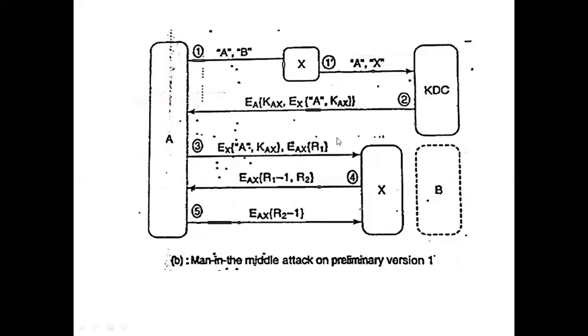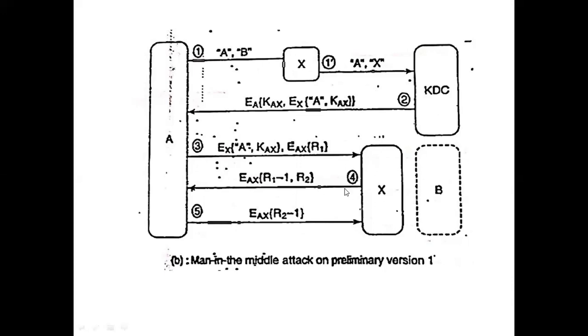X uses the session key KAX to decrypt the part of the message containing A's challenge, and he successfully responds to A's challenge in message 4.